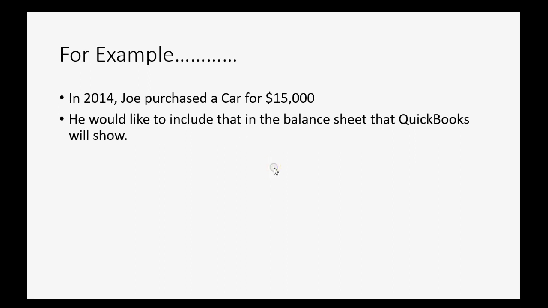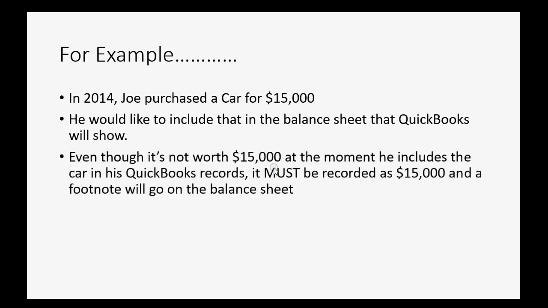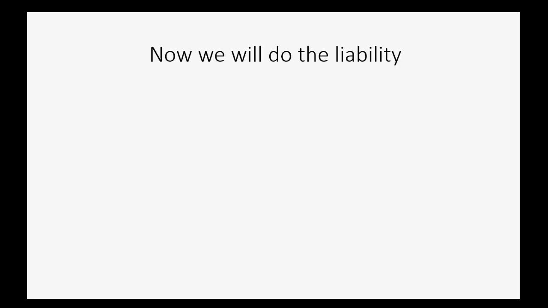So in this example, we will leave it as $15,000. Even though it's not worth $15,000 at the moment he includes the car in his QuickBooks records, it must be recorded as $15,000, and a footnote will go on the balance sheet.